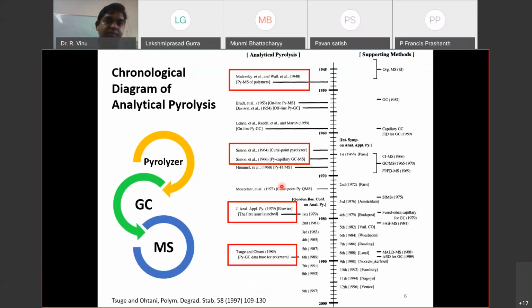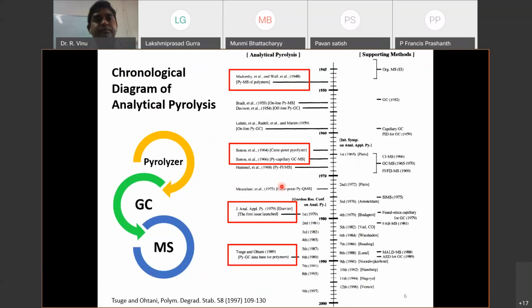Before I really go into analytical pyrolysis, let me tell you the chronology of analytical pyrolysis. Pyrolysis is a process in itself, but analytical pyrolysis is more like a technique that has evolved so that you can employ it to study a wide variety of things in the lab.